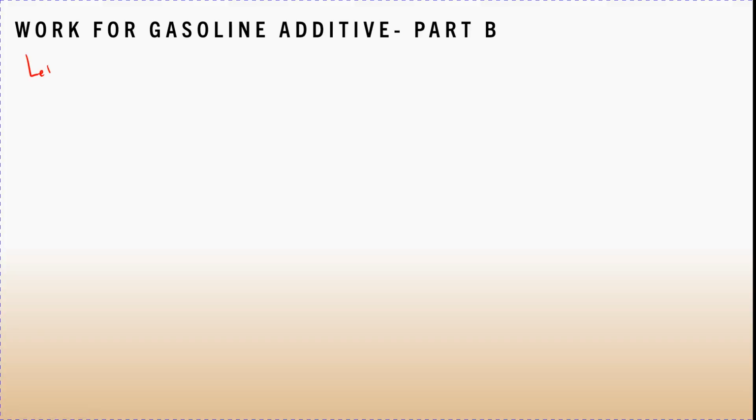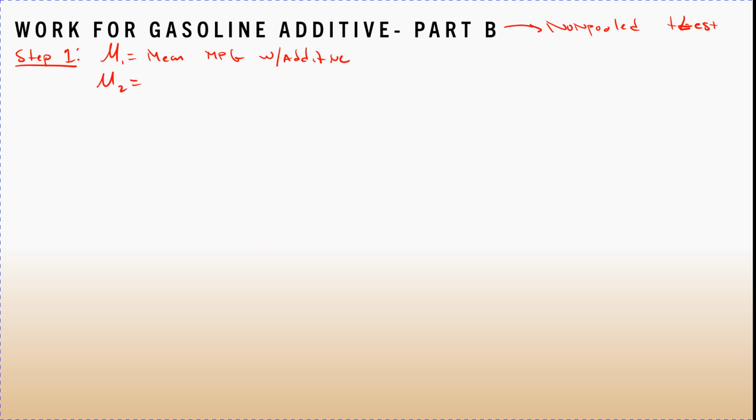Step 1: this is a non-pooled t-test. Again, mu sub 1 is equal to the mean miles per gallon with the additive, and mu sub 2 is equal to the mean miles per gallon without the additive.